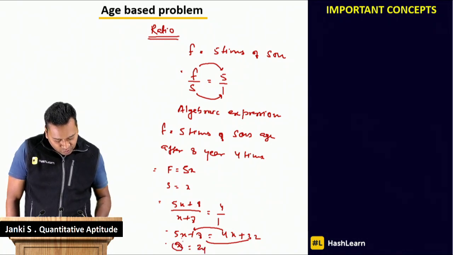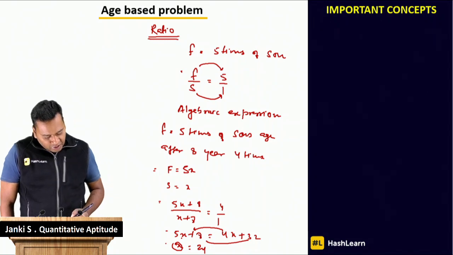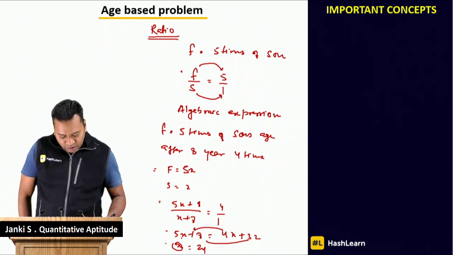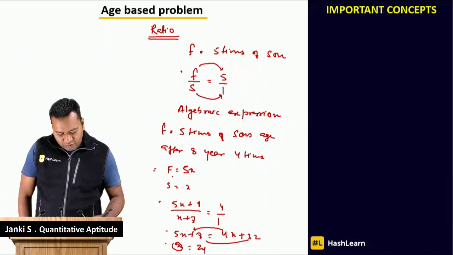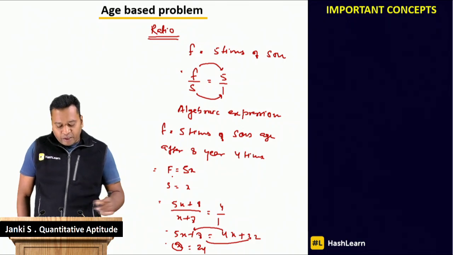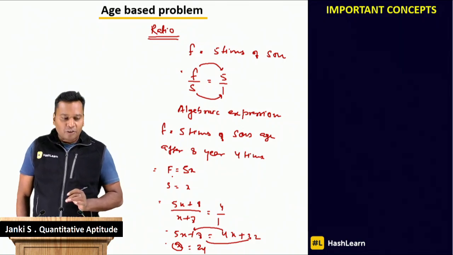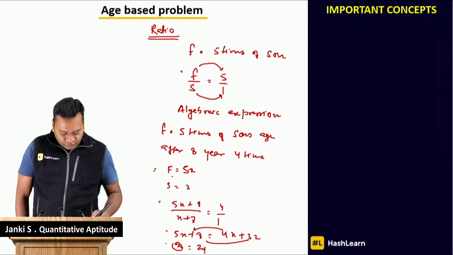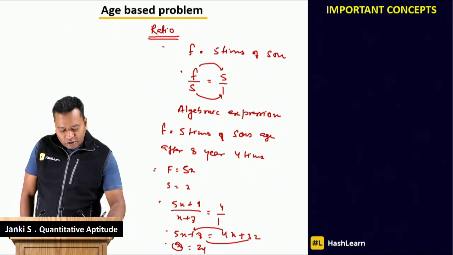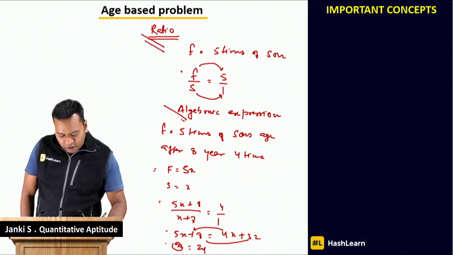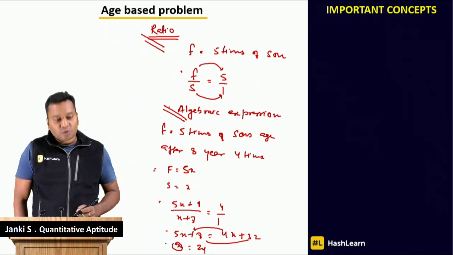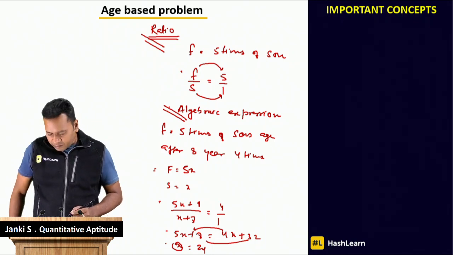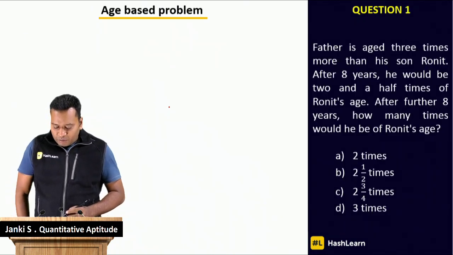The x value is 24 in this case. Although this will not satisfy this condition because according to this father's age should be a multiple of 5, I'm just giving you a normal example of how to work in these formats, right? So either I'll work on the ratios or else I'll work on the algebraic expressions. These are the two things which you need to keep in mind. So we'll directly move to the questions.